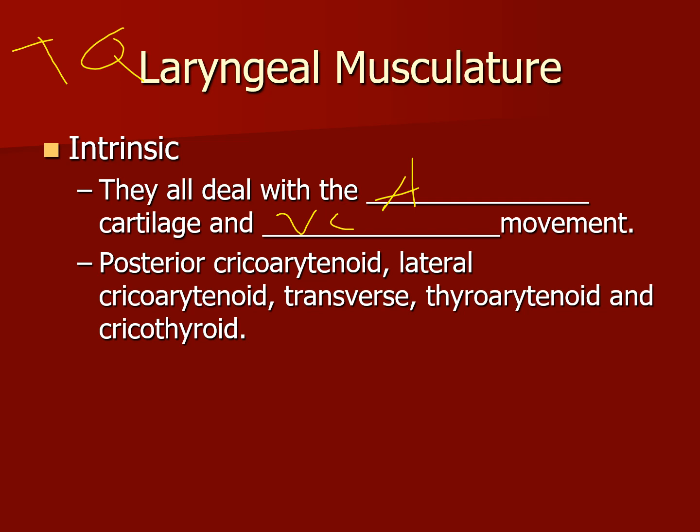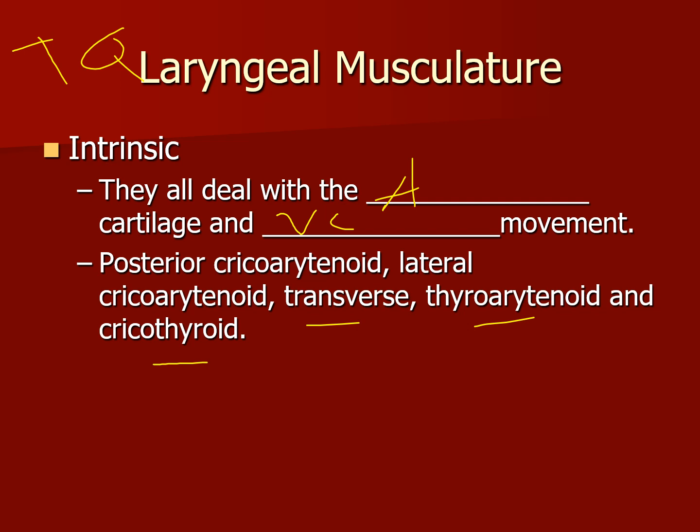Posterior cricoarytenoid and lateral cricoarytenoids, transverse, thyroarytenoids, and cricothyroid. Oh heavens, right? These are all things that move the vocal cords in different directions. So the posterior cricoarytenoid pulls down on the arytenoids, right?